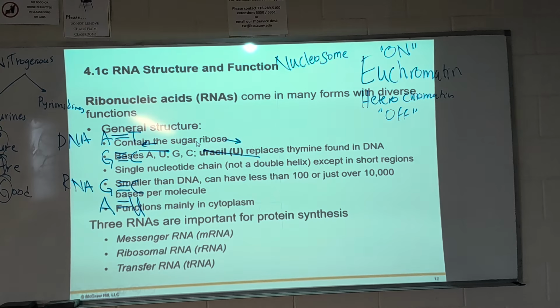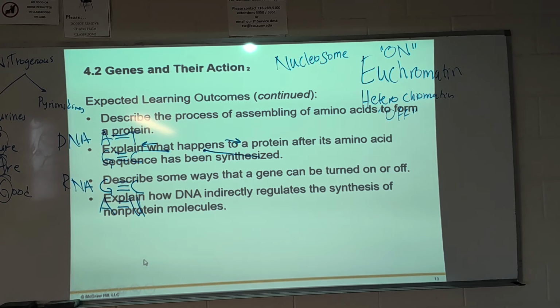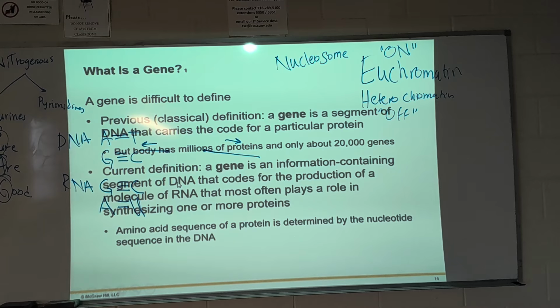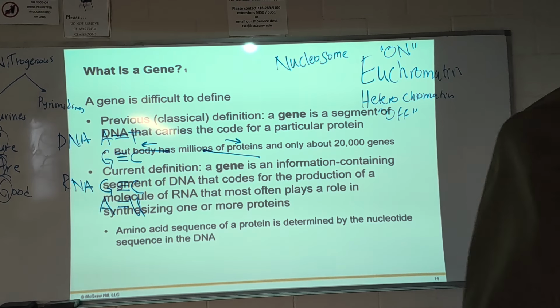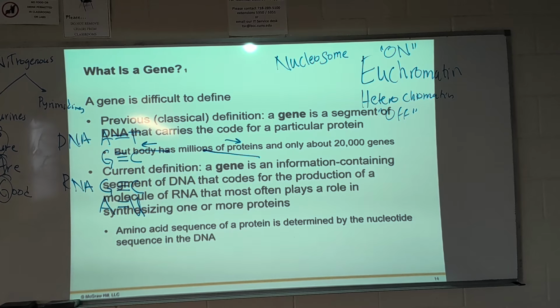So now, ribonucleic acid. We talked about the different RNAs, and the bases are adenine, uracil, guanine, cytosine, and we have messenger RNA, ribosomal RNA, and transfer RNA. Now, genes, back to genes again. So somebody please describe to me what you learned today.